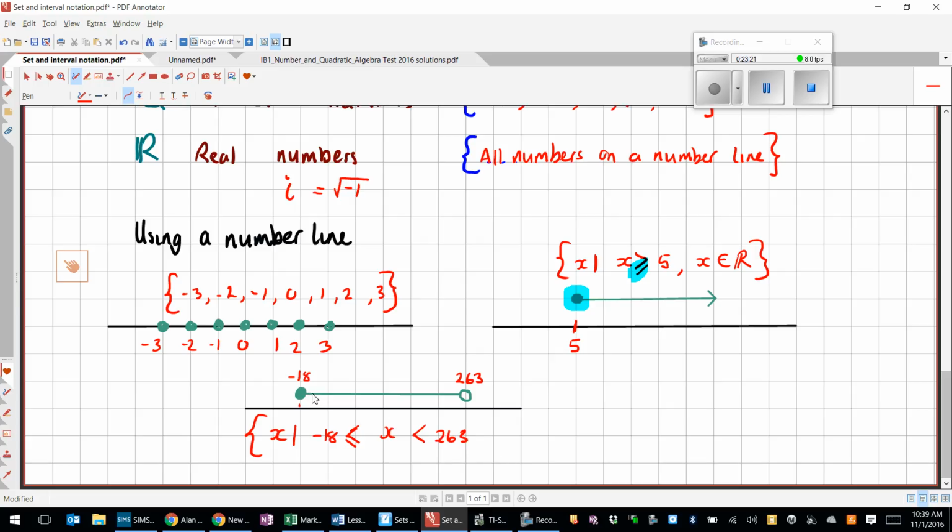There's no dots like this one. So a solid line, whether it's an arrow, so there's only one limit, or just a line segment, meaning two limits, that means we have to say that x is an element of real numbers, not integers, because that would lead to dots. It can be anything, so real numbers.